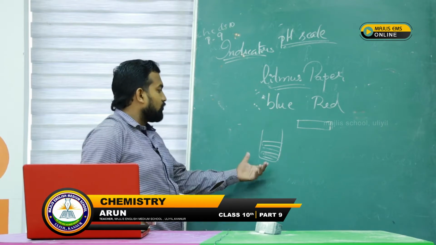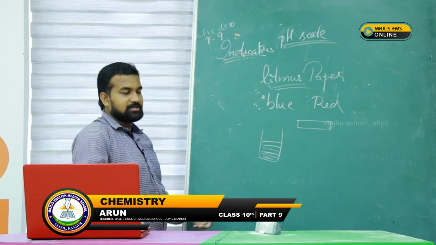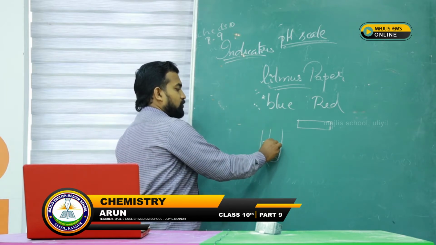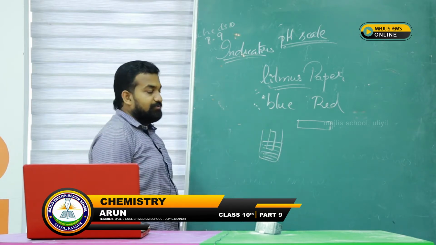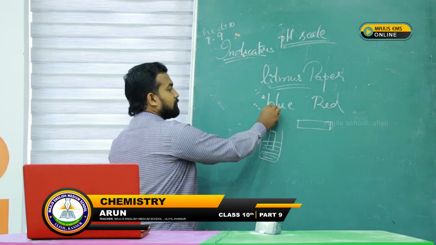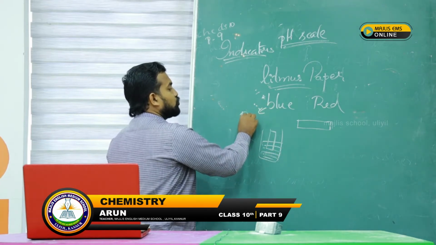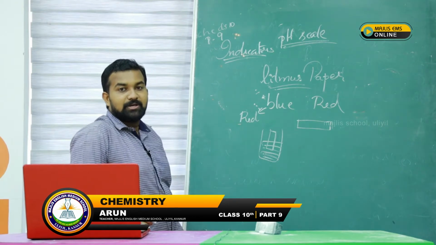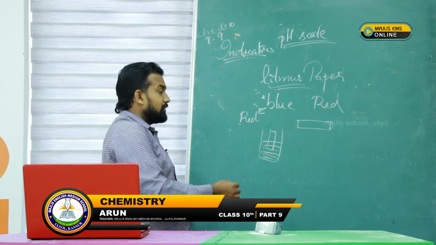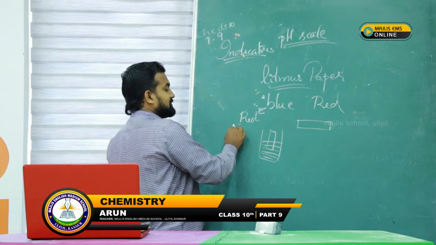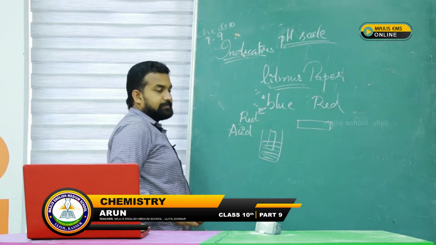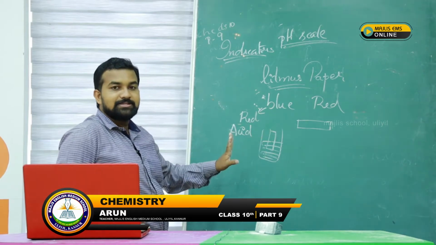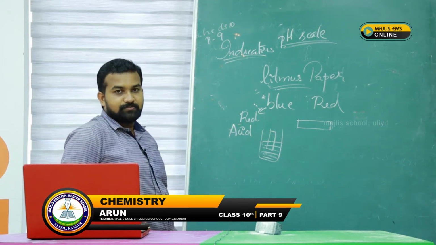So how can we find out whether this given substance is an acid or base? If I take this blue colored litmus paper and dip it into this, if the color of the blue litmus paper changes to red, I will say that the given substance is acid. And if the blue color doesn't change, that means it is a base.